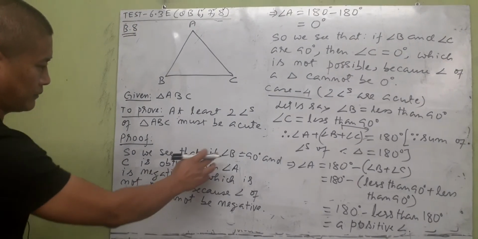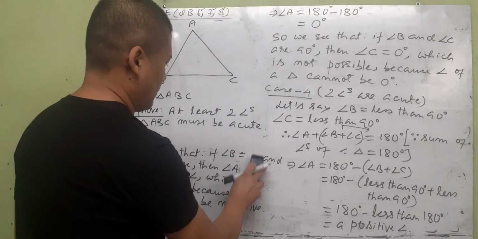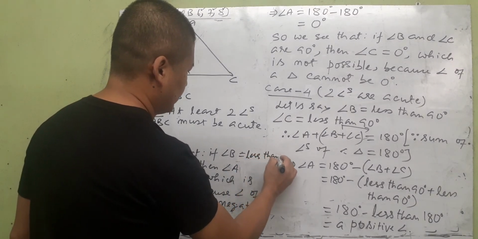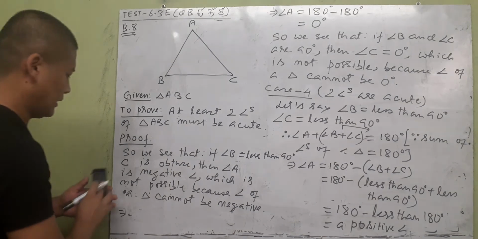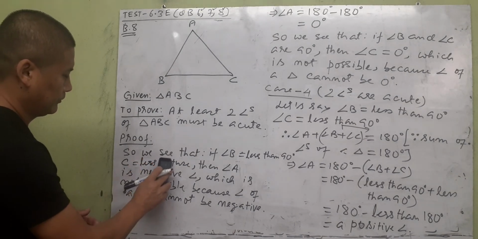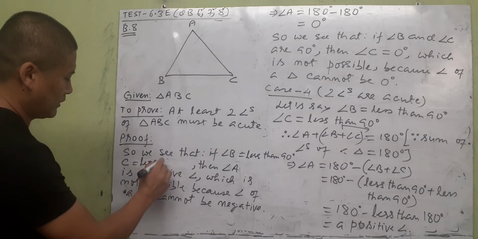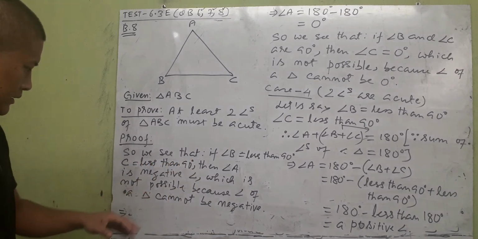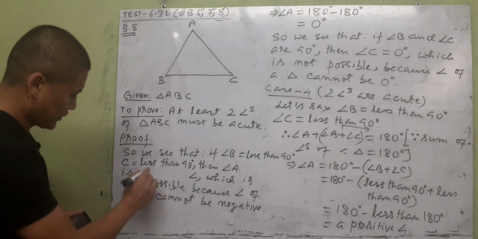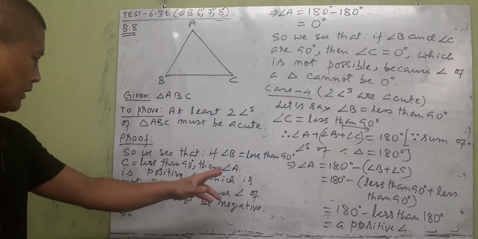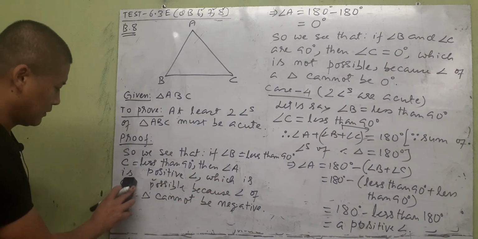So we see that if B is less than 90 and C is also less than 90 degree, then angle A is a positive angle, which is possible.